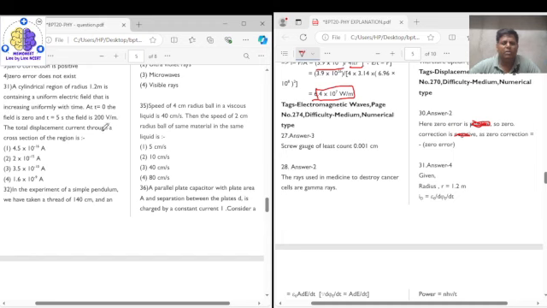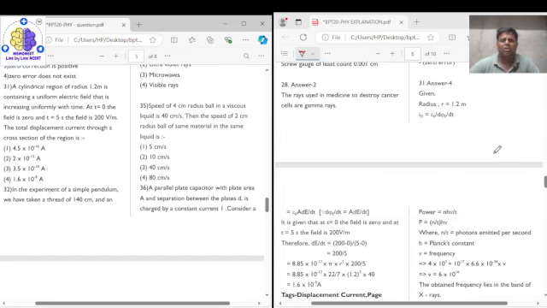The total displacement current through a cross section of the region is, alright, so displacement current is given as epsilon naught d phi E by dt. So phi is E into A, right? So we cannot change the area over here, but the electric field is changing. We can see electric field is changing from 0 to 200 volt per meter.